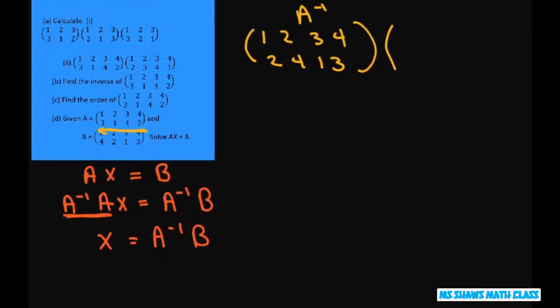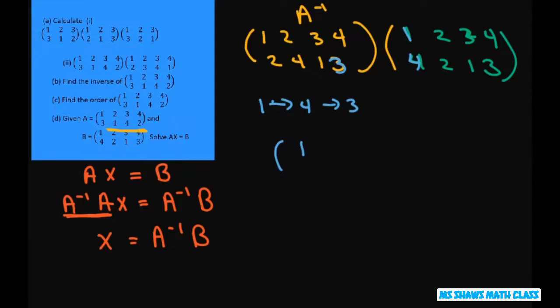And your B, just copy it down: 1, 2, 3, 4, and then 4, 2, 1, 3. Then working from right to left, 1 maps to 4, and 4 maps to 3. So we're going to write 1 maps to 3.